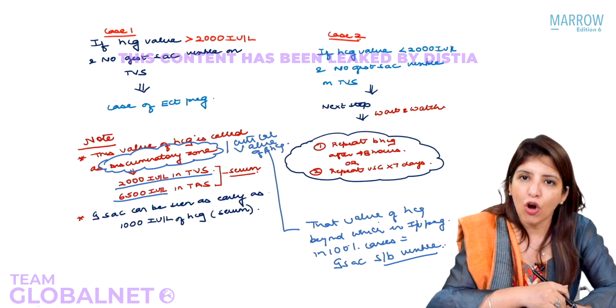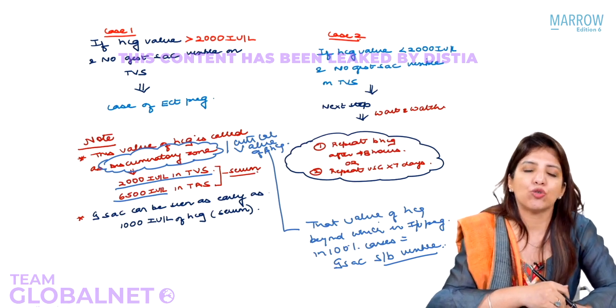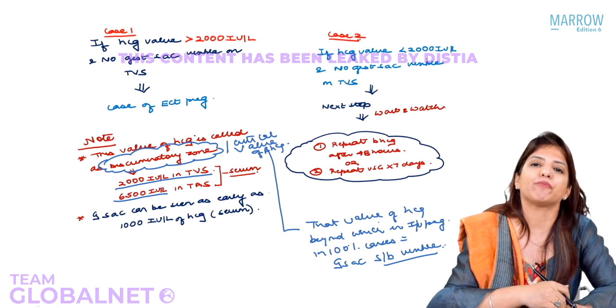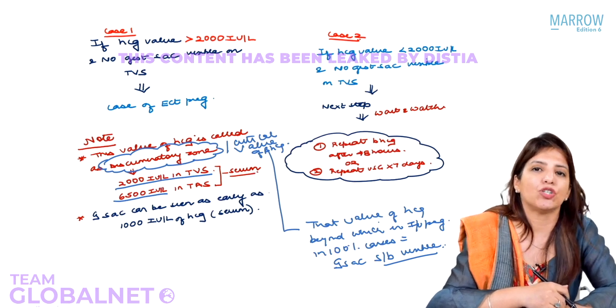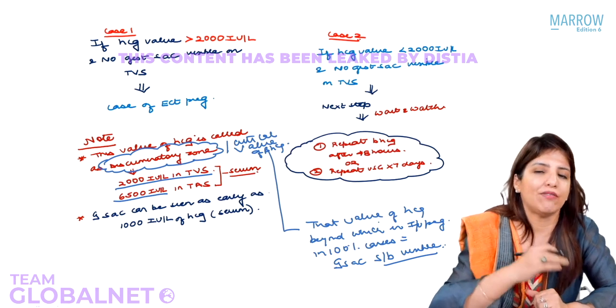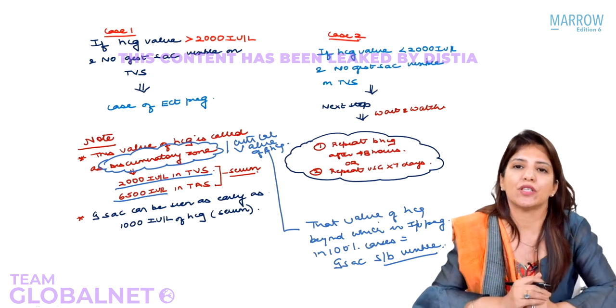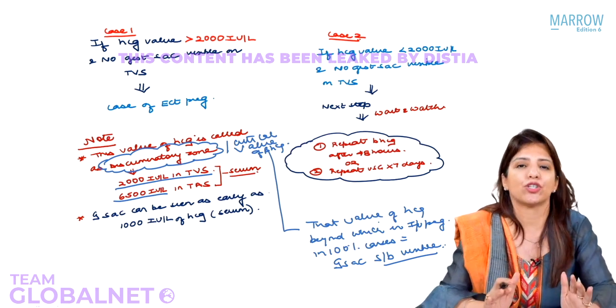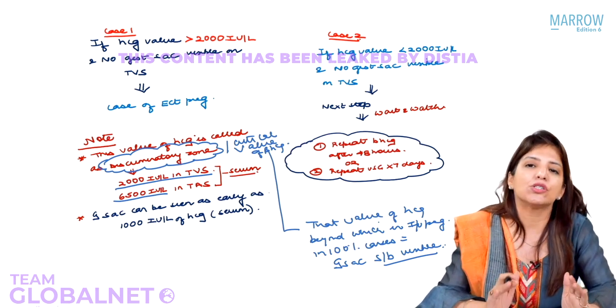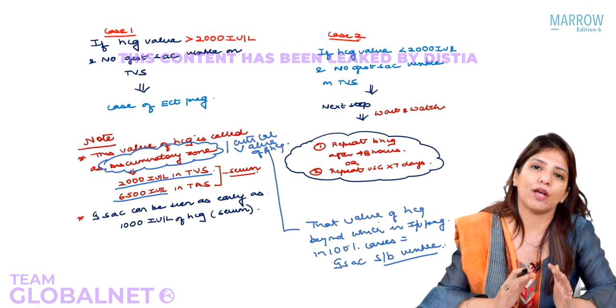So please do not get misled and do not write to me that ma'am, in the ectopic pregnancy chapter you said the discriminatory zone of beta HCG for TVS is 1500 and here you have said 2000. This is the new lecture which has been recorded, and this is the new and updated value which I am telling you.